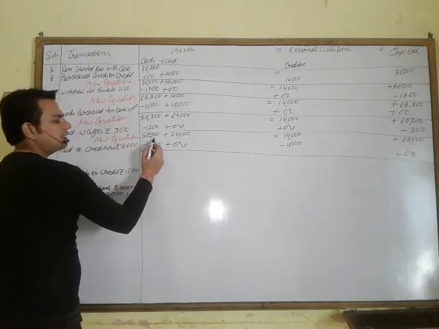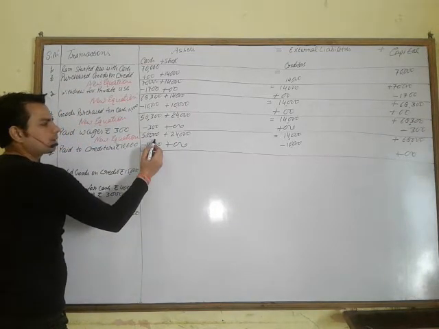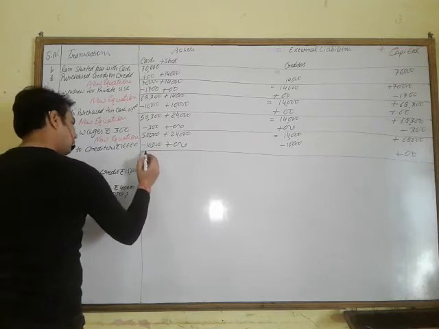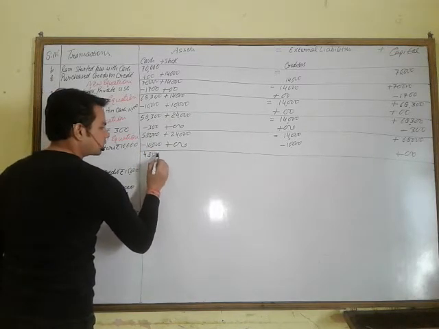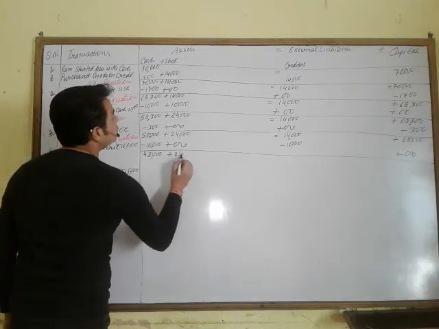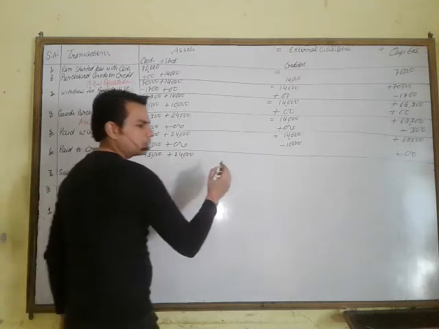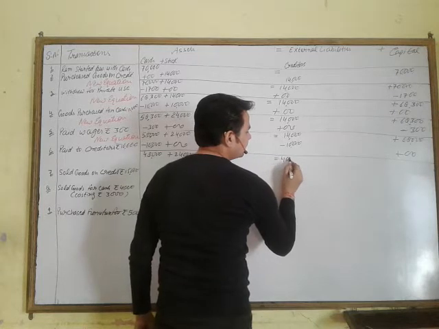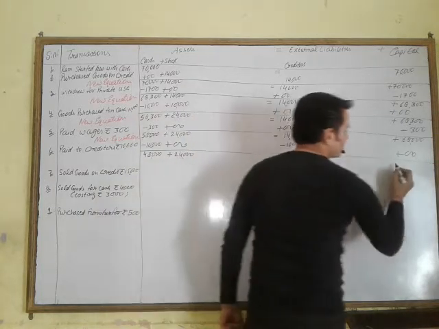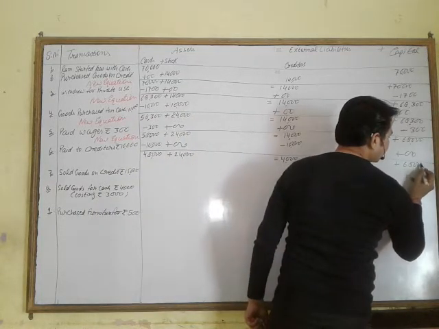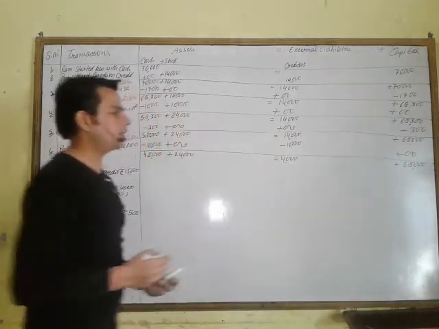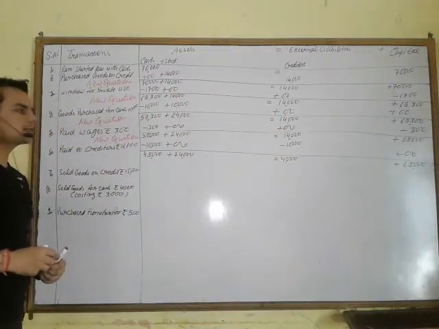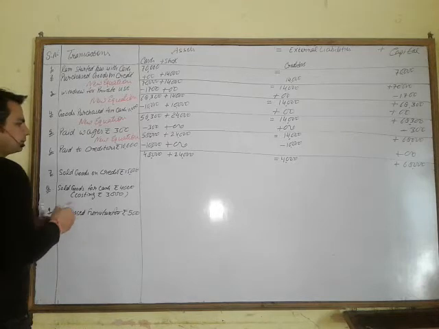Now the balance of cash was 58,000, subtract 10,000, now the balance is 48,000 plus 24,000 stock is equal to 4,000 creditors plus 68,000 capital. This is now the new equation.